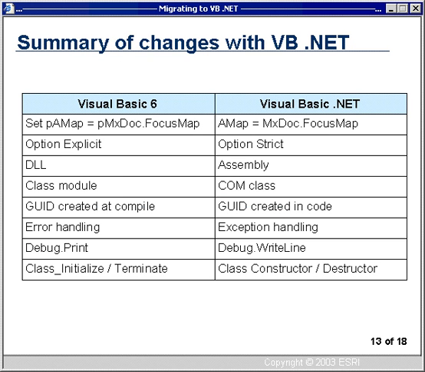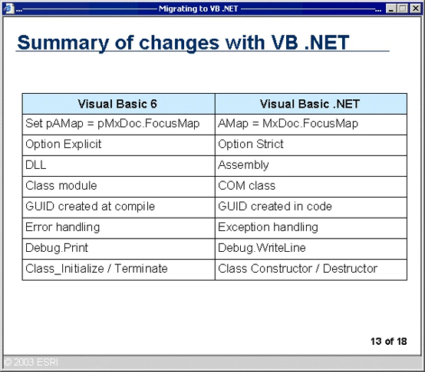And now let's review a few of the changes between the two environments, plus a couple that we haven't had time to introduce. The set keyword is gone. Because everything is an object, you no longer need to make a distinction in your code between data types and objects. Thus, you don't need to worry about whether to use the set keyword or not.